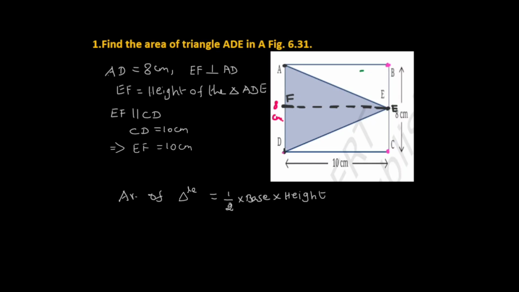So EF length is also 10 centimeter. So our base here is 8 centimeter, our height 10 centimeter. Substituting, half into 8 into 10, 4 times 10. So area of the triangle is 40 centimeter squared.